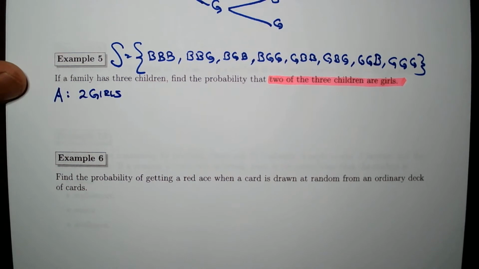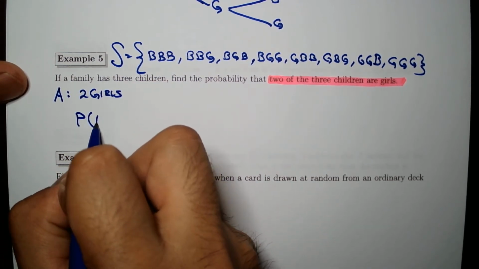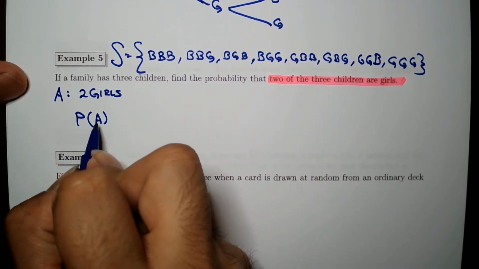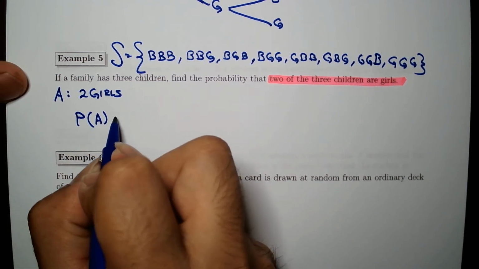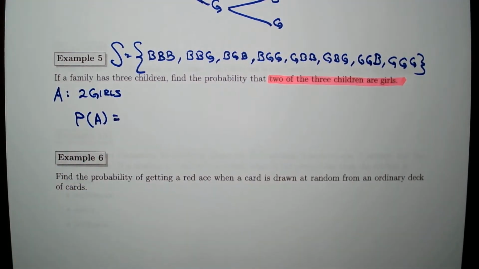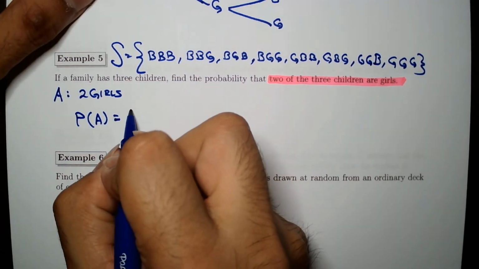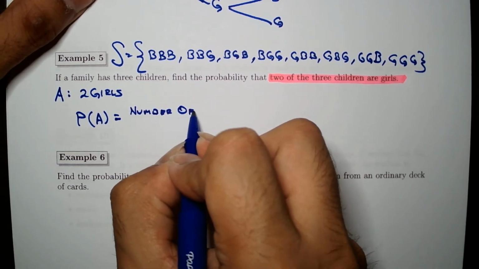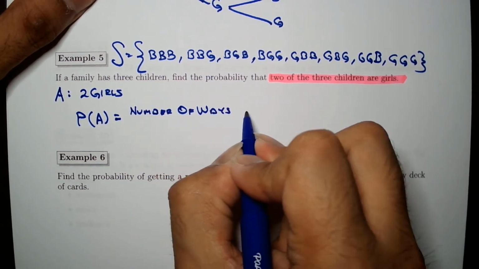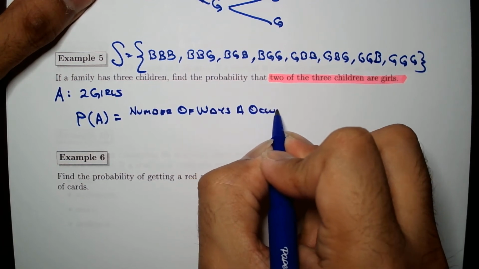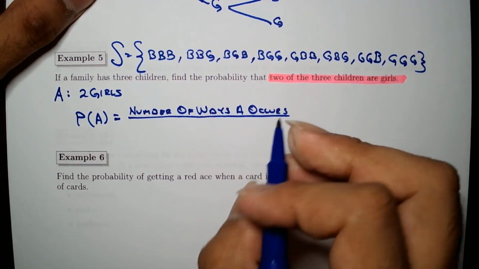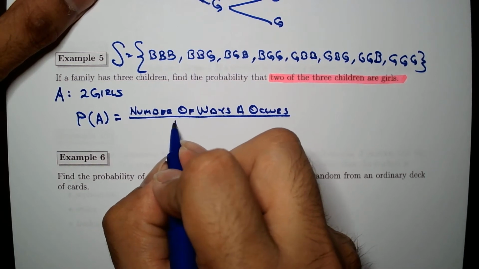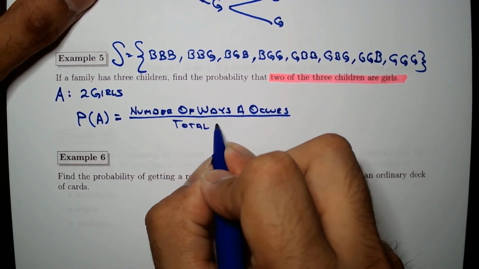So the probability of event A, that is, the probability that 2 children are girls, is the number of ways A occurs, divided by the number of total outcomes.